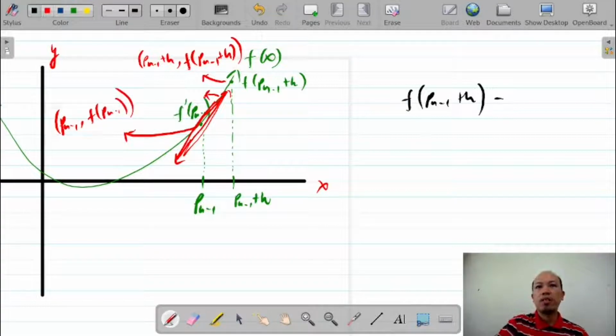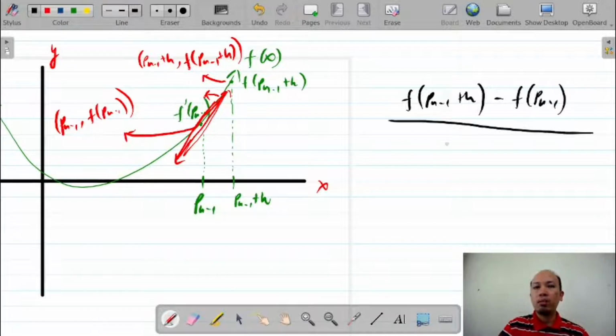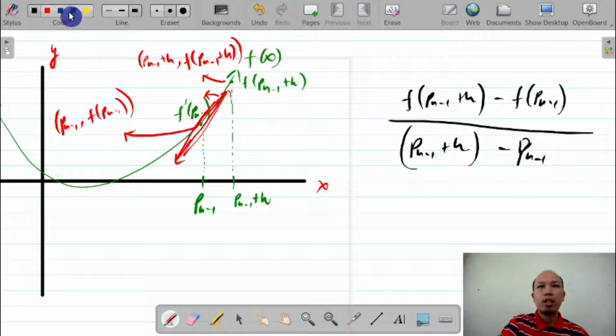The derivative is somewhere here, it is a line slope. So the numerator is f of p sub n minus 1 plus h minus f of p sub n minus 1. The denominator is right minus left, p sub n minus 1 plus h minus p sub n minus 1, so you can cancel this out. That's why we have the formula.